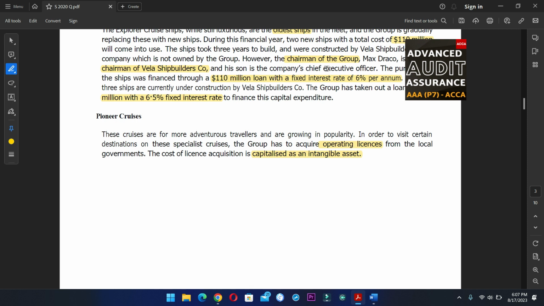So we can draft a point about what kind of organizational structure is being followed at Crux Group. And we can also draft a point on whether this segmented revenue information is being reviewed by the chief executive officer, because he is responsible for viewing this information. So let us draft these two points.